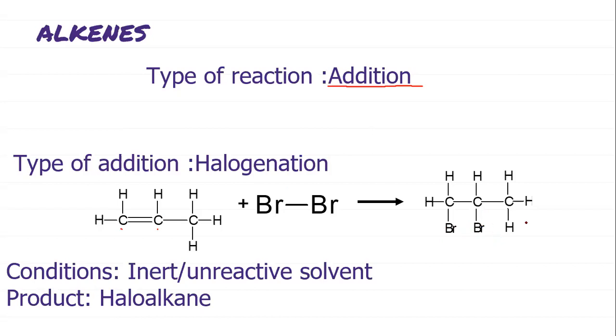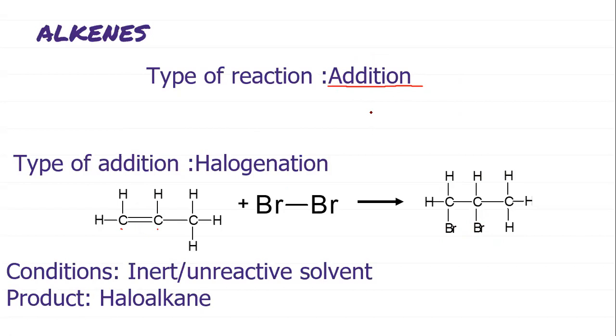And the rest of the molecule remains as it was. So what I have done there is that I had a double bond, and now I have broken the double bond. The fact that the double bond has been broken means that the type of reaction is addition.